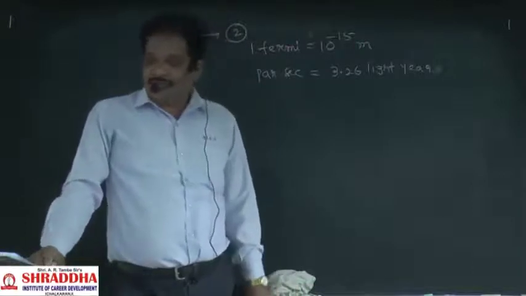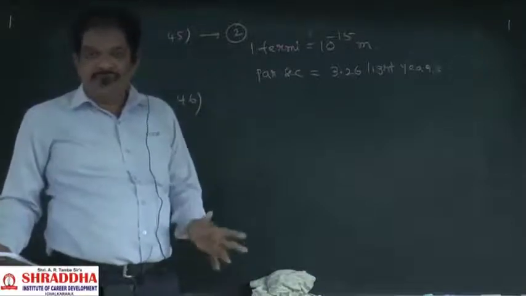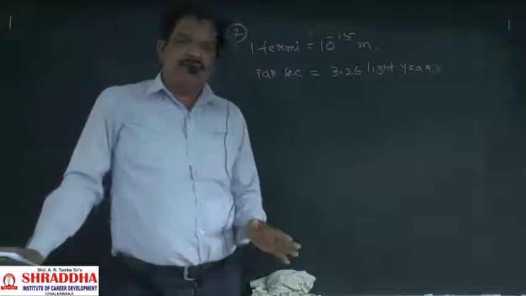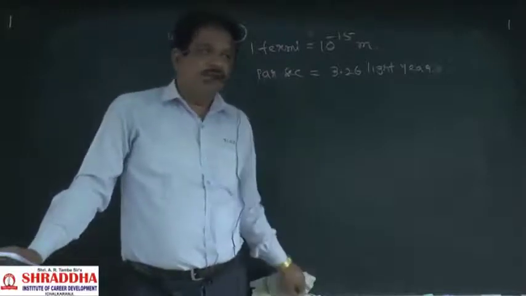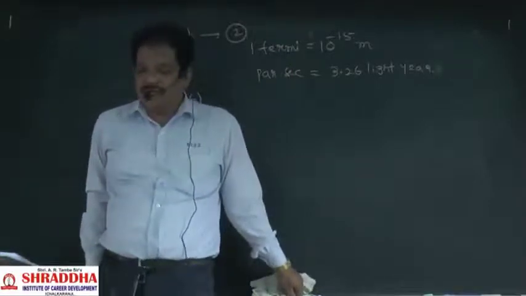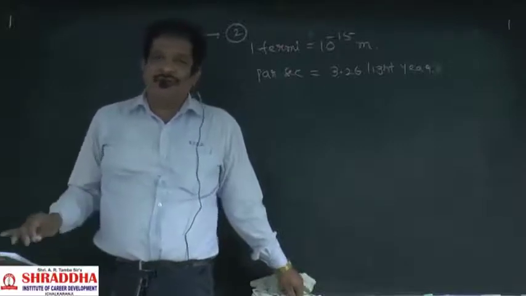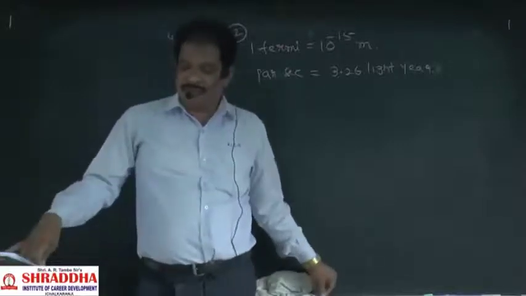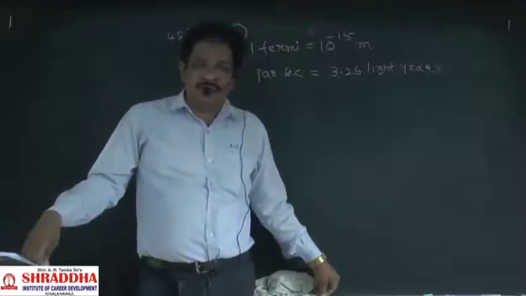Relative density, gravitational constant. Refractive index does not have any dimensional formula. It is the velocity of light in vacuum by velocity of light in medium, so it has no dimensions. Dielectric constant and relative density also have no dimensions.